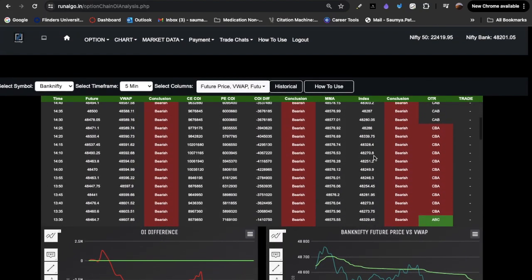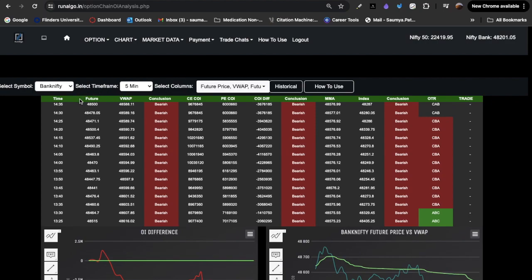First we have future and VWAP, followed by the sentiment of future and VWAP. Then CE open interest, PE open interest, the difference between them, and the conclusion we get from the difference. The percentage in PCR is not on here. For that you'll have to separately open PCR analysis on a different tab.